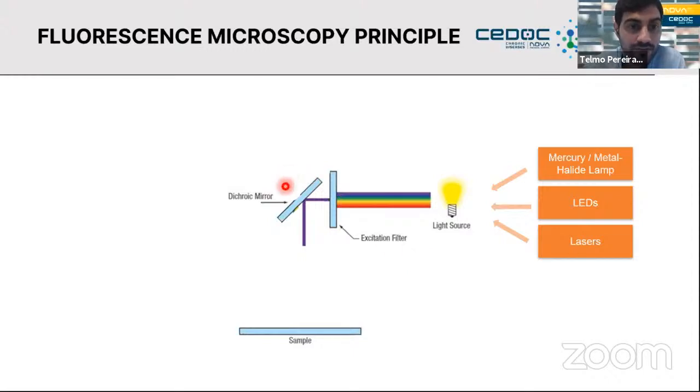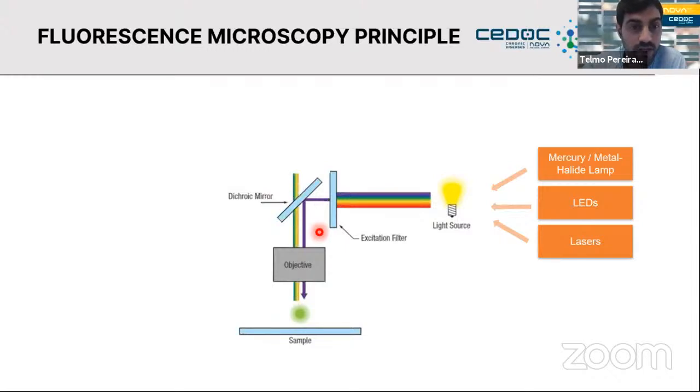Then you have this dichroic mirror, which will reflect the light that you want to send to your sample. This light will then go through the objective and reach your sample. Your sample will then be excited, it will fluoresce, and it will emit photons of a determined set of colors.